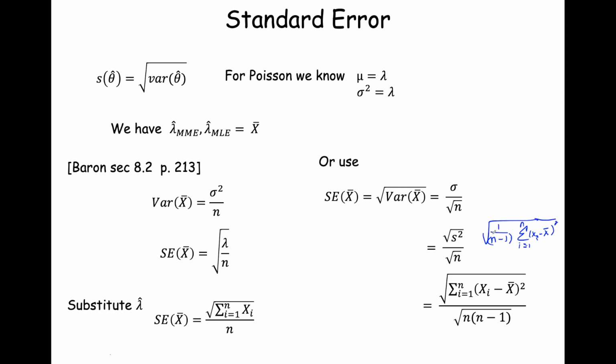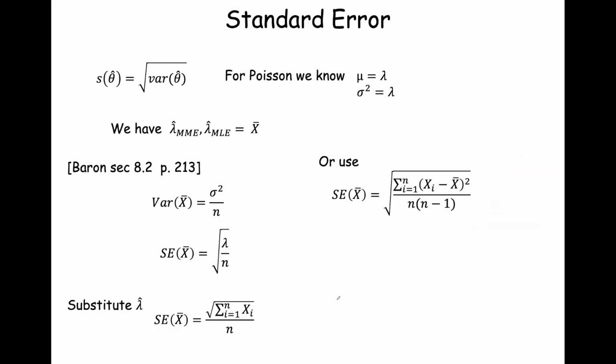Now this numerator here is the same as saying the radical of the sum, i goes from 1 to n, of xi minus x bar quantity squared, over radical n minus 1. So when we take this numerator, convert it to this form, and then express it over this denominator, we combine those two denominators in one term. Given that expression, that's what we have.